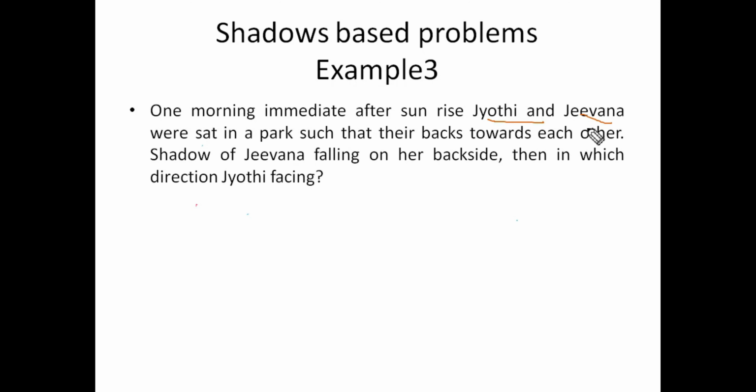In the previous case, we have seen the persons facing each other, but here the two persons are nearby, but their backs are towards each other. Their backs towards each other means this person is facing in this direction and that person is facing in that direction.